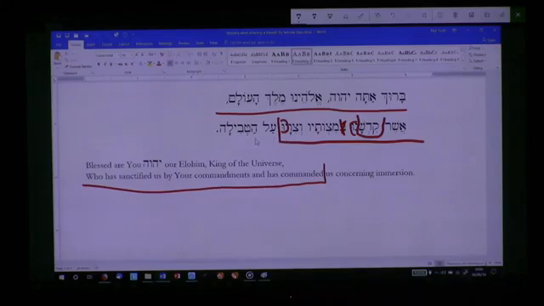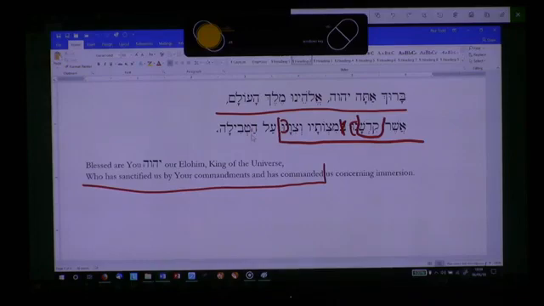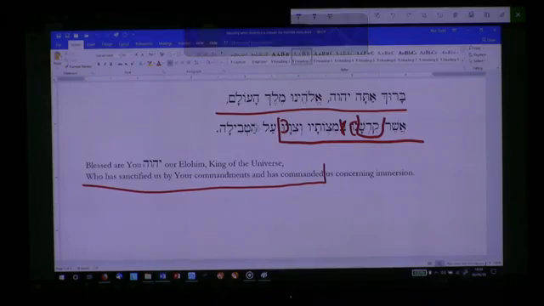Al hatevila. Let's scratch that. And I'm going to just put a kamatz there. Tevila. Grammar causes, when we add the hey to this immersion word, we now combine those two letters.